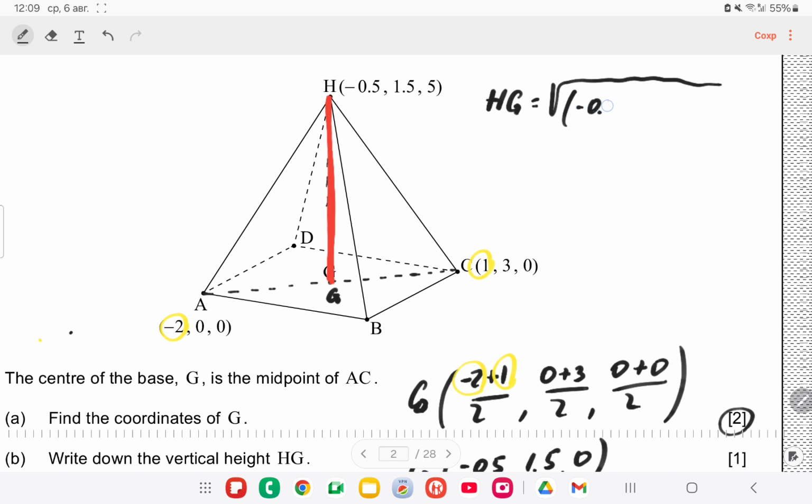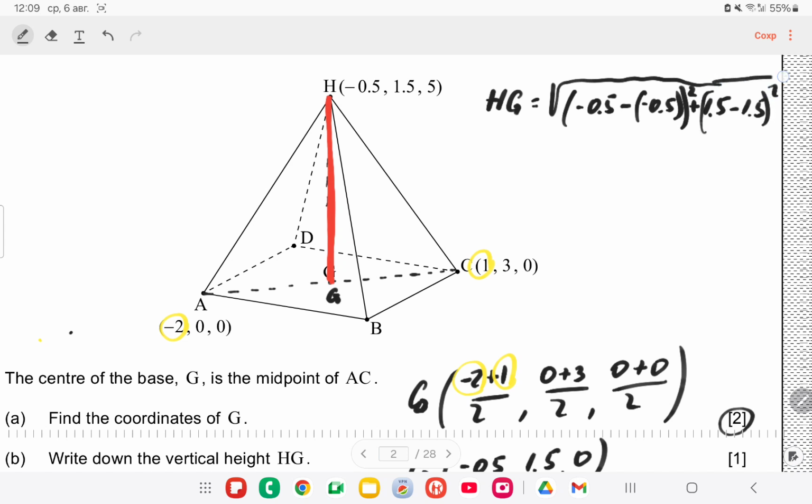So negative 0.5 minus 0.5, which is this coordinate, just in case I will show by arrow, then I will delete it, plus 1.5 minus 1.5 squared. For sure it's squared.